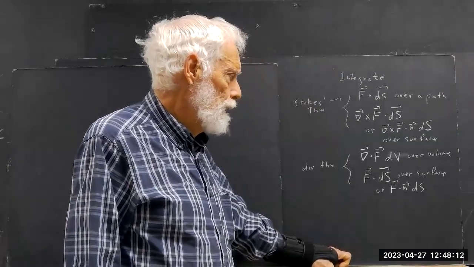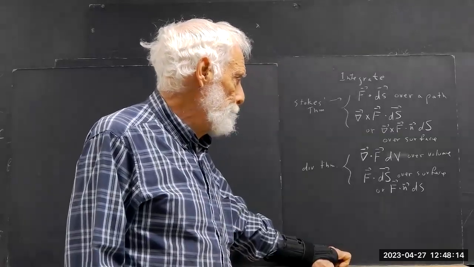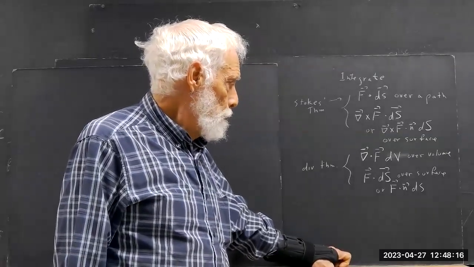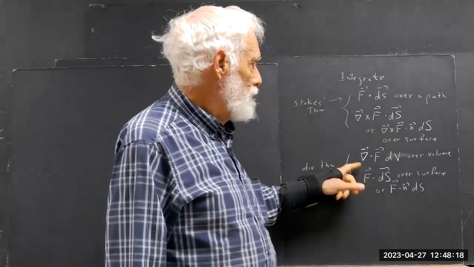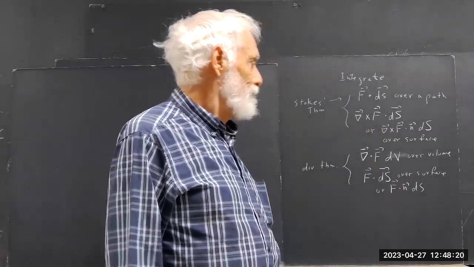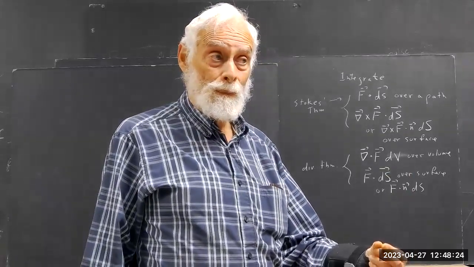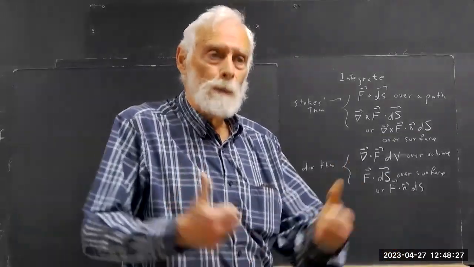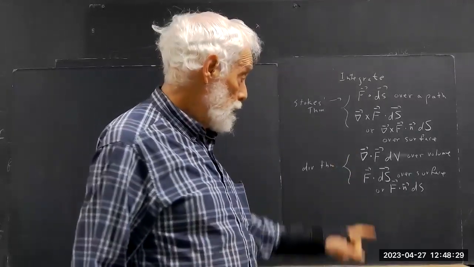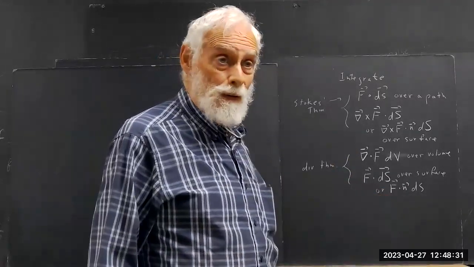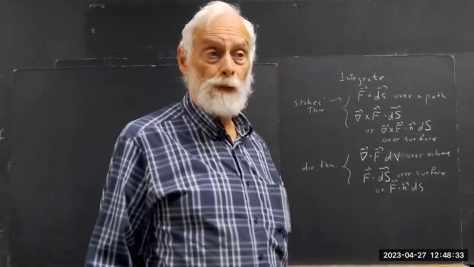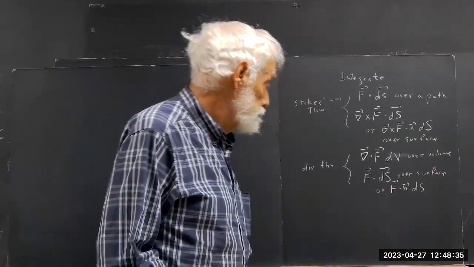Basically the del dot F over a tiny volume tells you how much flux there is out of that volume. You add it all up, and you get the total flux through the surface.